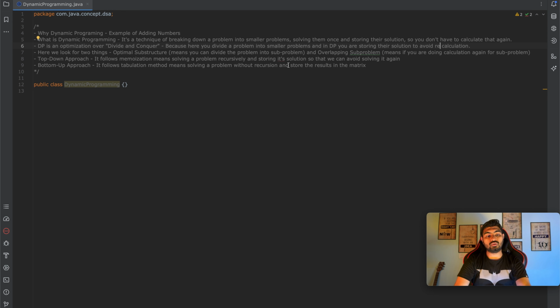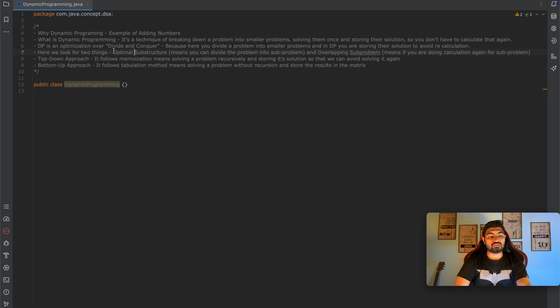So let me tell you how this DP is an optimization over divide and conquer. Divide and conquer follows the pattern of optimal substructure. Okay, means you can divide the problem into subproblems to get the final output. Now this is called optimal substructure. That is the property of divide and conquer.